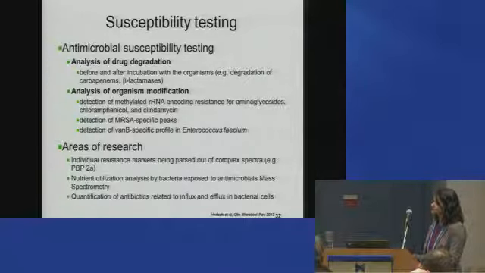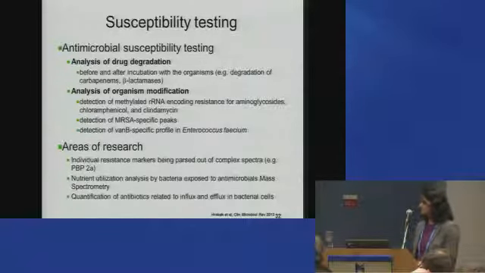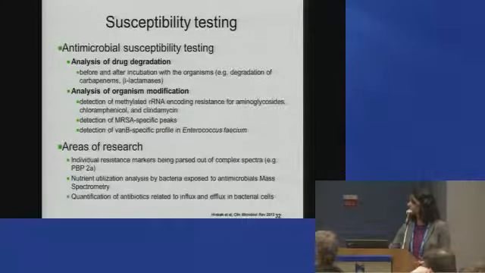So all of these are areas that are being looked at, along with some additional areas of research where you're looking at nutrient utilization analysis by bacteria exposed to antimicrobials, or you're looking at quantification of antibiotics related to influx and efflux. So this is an area right now that is of really high importance, that we match up our organism identification with ways in which we can rapidly give susceptibility results. And this is work in progress.